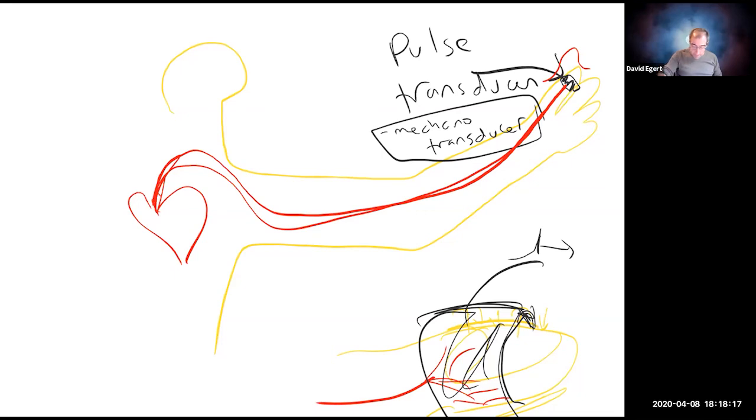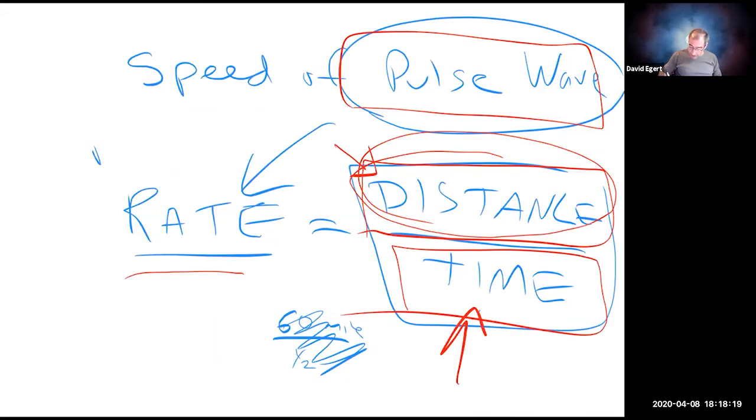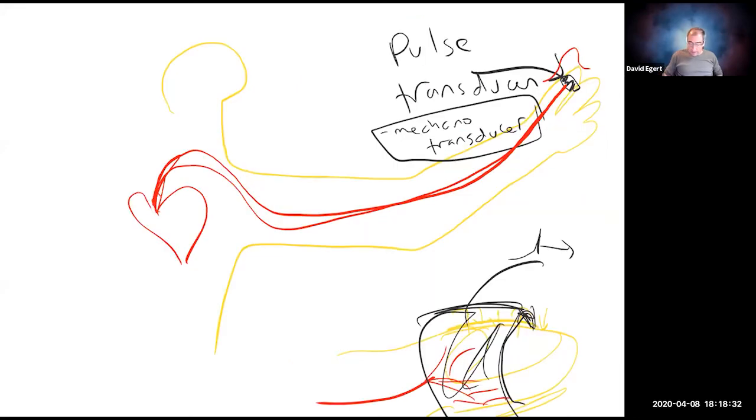And then how are we going to measure the time that it took? For the time, we need to know when it started and when it got there. So how do we know when the pulse wave started? What is creating the pressure that starts the whole pulse wave to begin with?